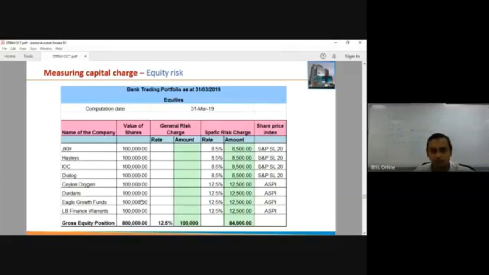The general risk charge for the portfolio is multiplied by the total capital adequacy ratio. For S&P, multiply by your tier 1 capital ratio. And for other share price indices, multiply by the total capital ratio. If it's a DSIB, it should be 14%. For a non-DSIB, 12.5%.